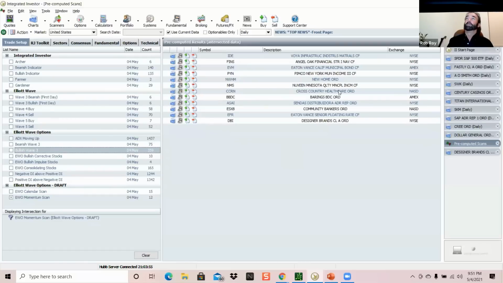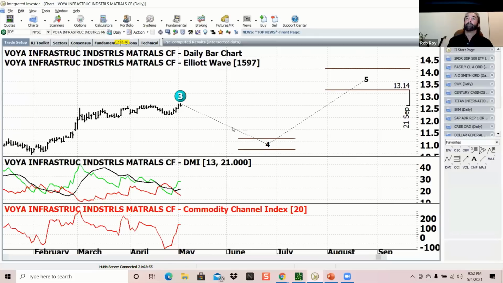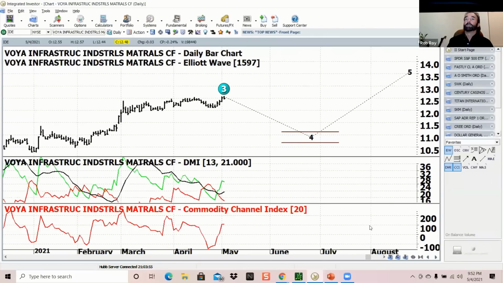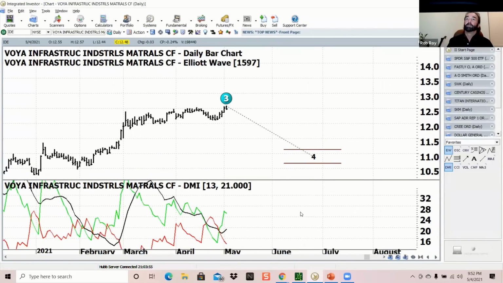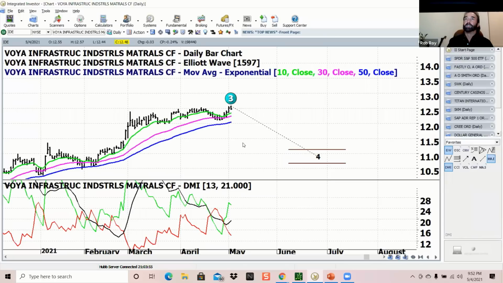So there's BONDS, Angel Oak Financial. Let's take a look at that one. Voya Industrial Materials. Let's actually look at that one too, just because of the space that it's in. Yeah, that's okay. Now the positive directional indicator ticked down today, but the stock did too. So that's understandable.